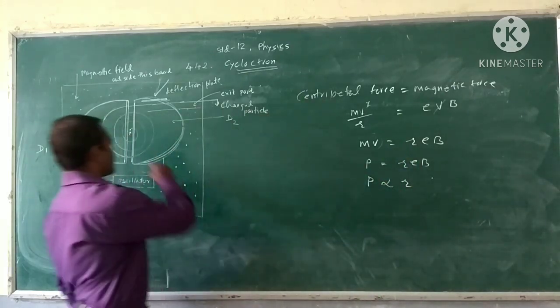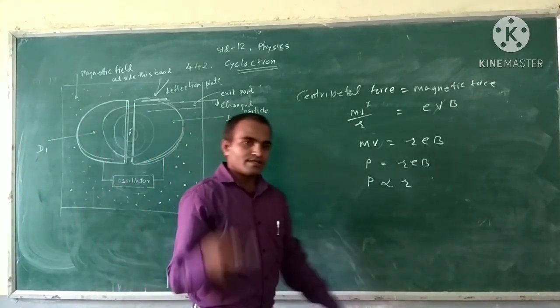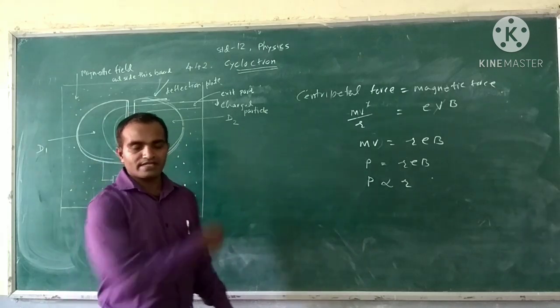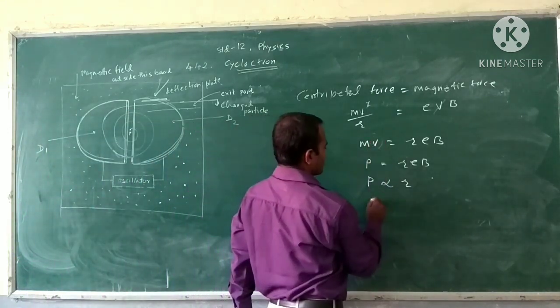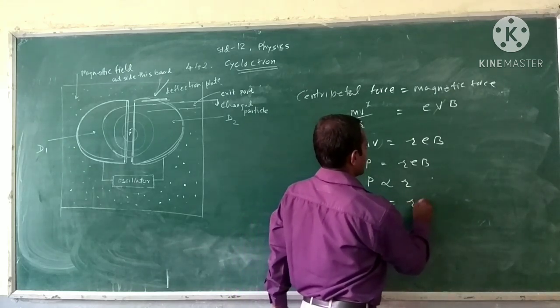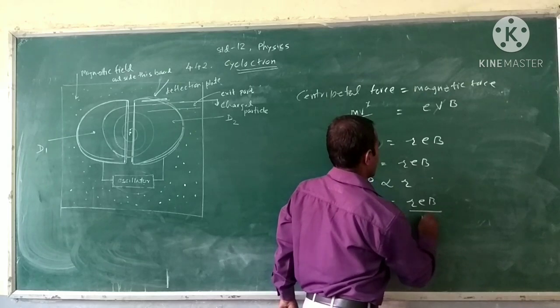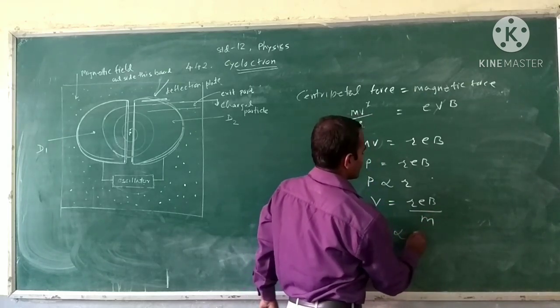The charge will perform circular motion, and we will see how in the working. Or you can say velocity v equals r e B by m, so velocity is also proportional to r.